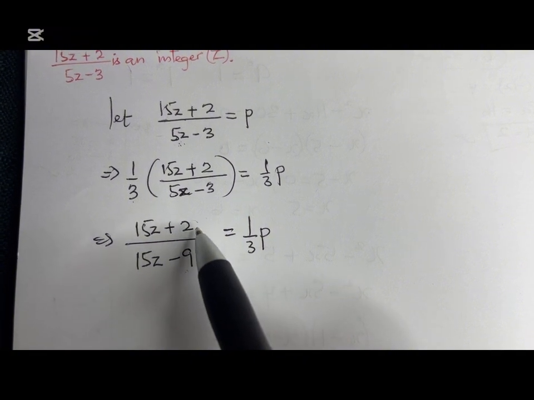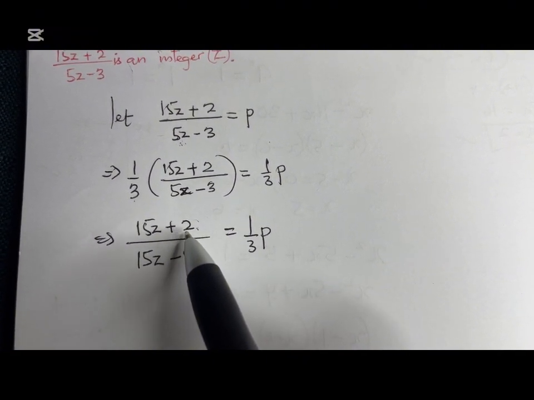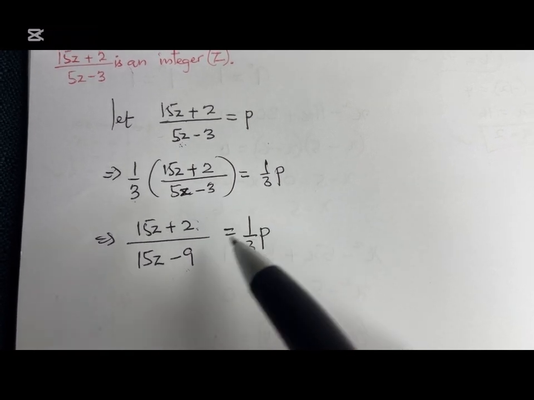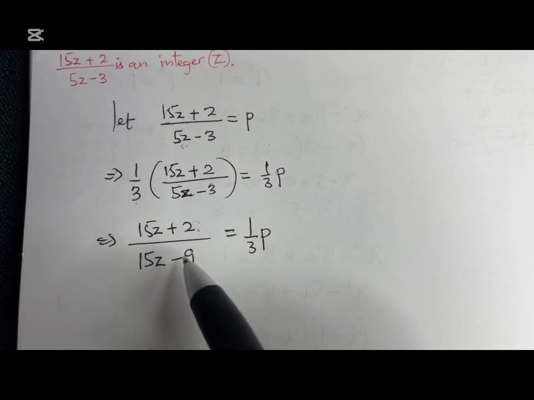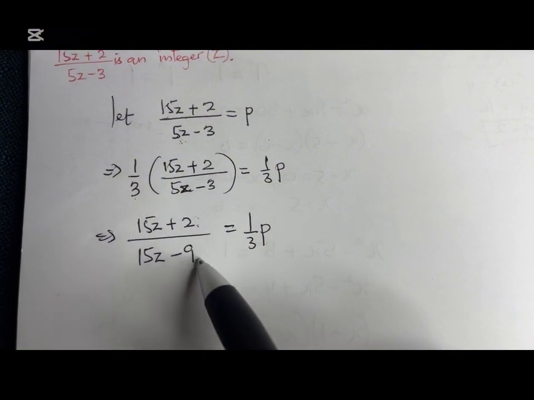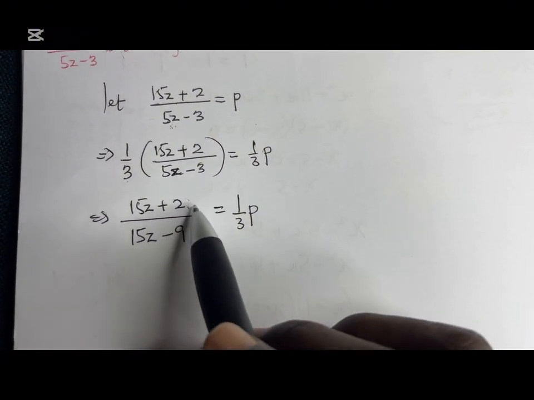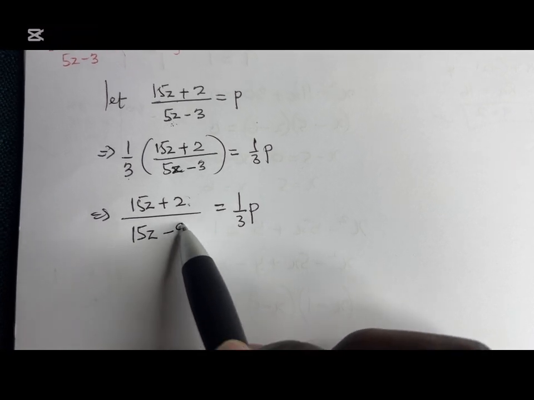The identity we want is the additive identity, so we introduce a 0. It's not a multiplier. So we introduce the identity using the negative 9.